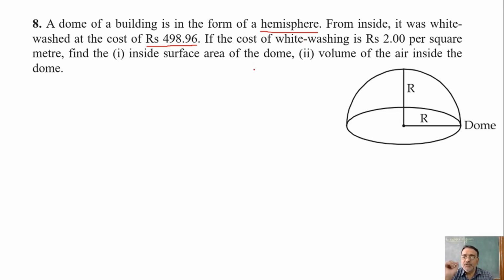This type of question we have already done in cylinder, that the curved surface area of pillar is equal to total cost upon rate. Do you remember? Yes, sir. So total cost upon rate will give the inner surface area of the dome.